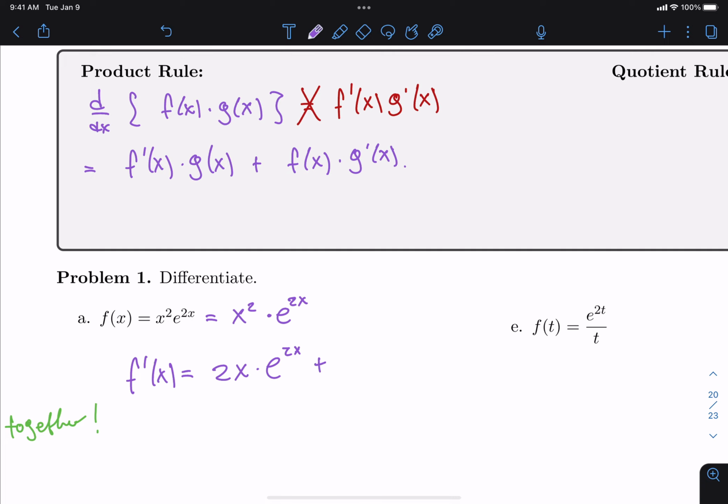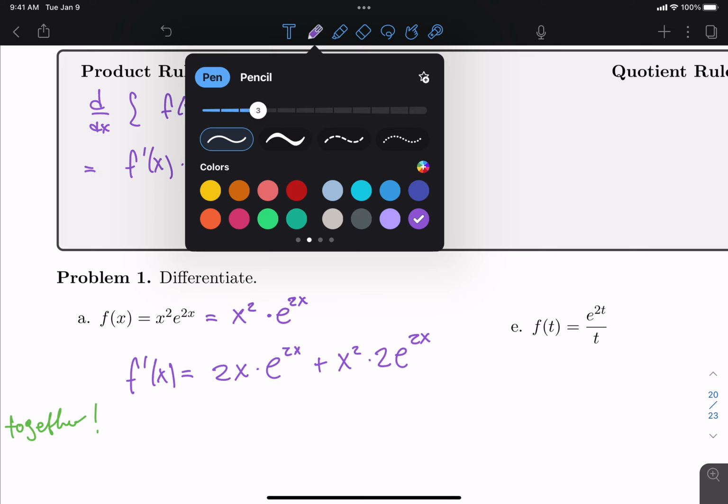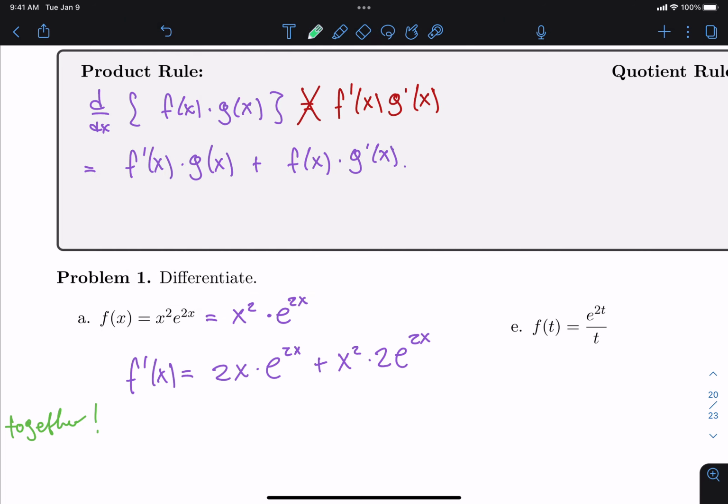But then we have a plus, and we're going to switch the roles, okay? This time we're going to leave x squared alone. And we're going to multiply times the derivative of e to the 2x, which would be 2e to the 2x. Okay, so the derivatives which we did here were this one here, okay? And then the other one here.